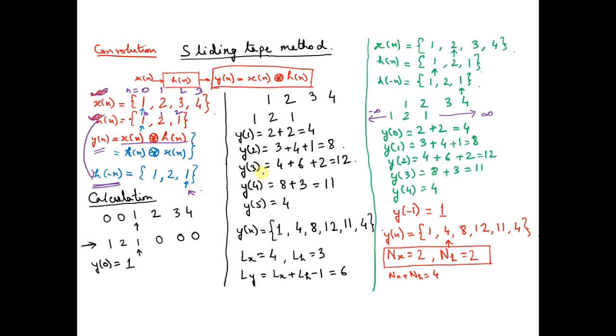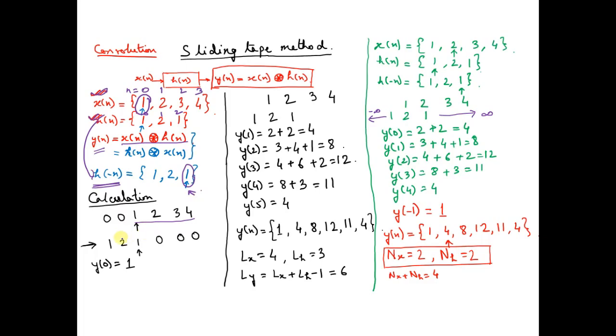Okay, we have got this. Now you have to write x[n] in its proper order, 1, 2, 3, 4, in this fashion. Okay.